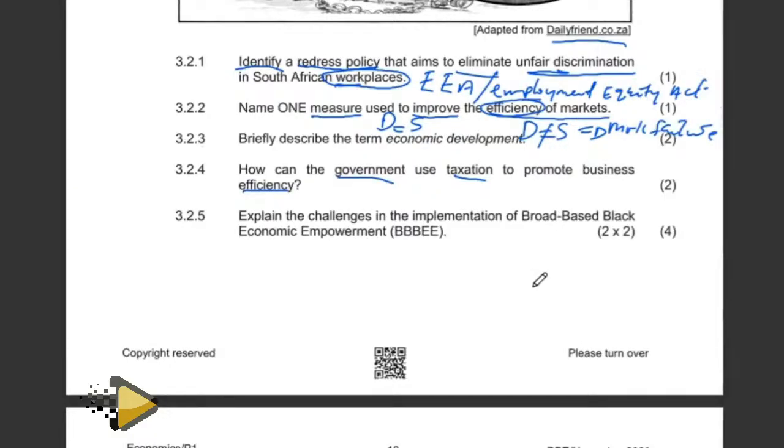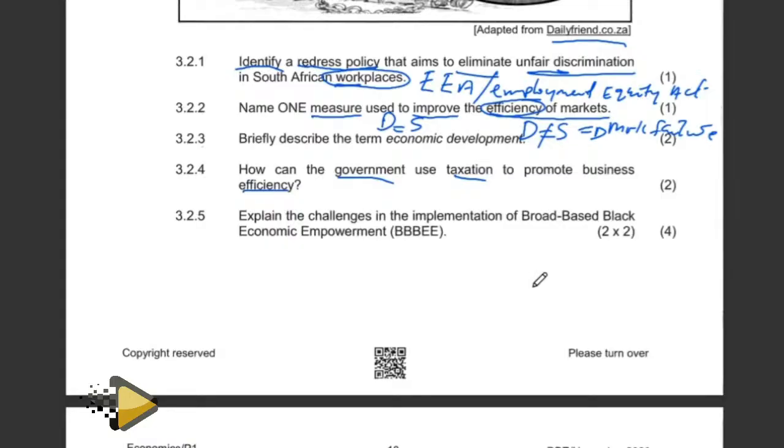So the moment businesses are doing fine, meaning they are successful and collecting enough profits, in that regard the government has to charge more taxes, and then it must lower government spending.